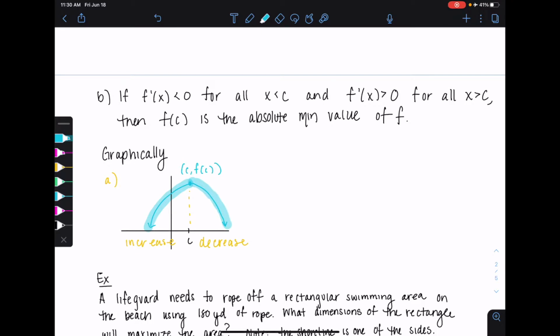And I'm never going to turn around because my derivative is not going to change signs on either side of these. So I've got that absolute maximum. And in the other case, I'm decreasing always down to c, and then I increase always after that. So we have an absolute minimum.